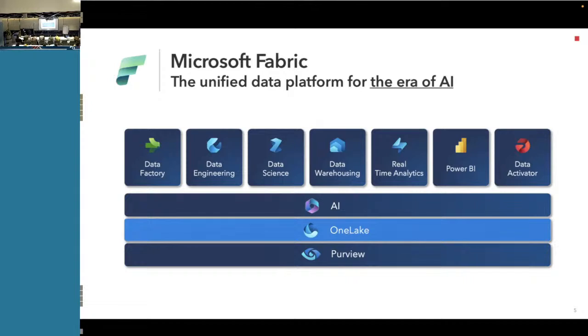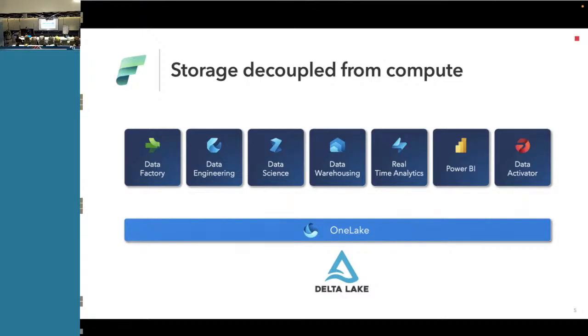What I want to focus on today is the data engineering pillar, meaning that you move the data using Data Factory. Azure Data Factory is kind of a father of Data Factory in Fabric.